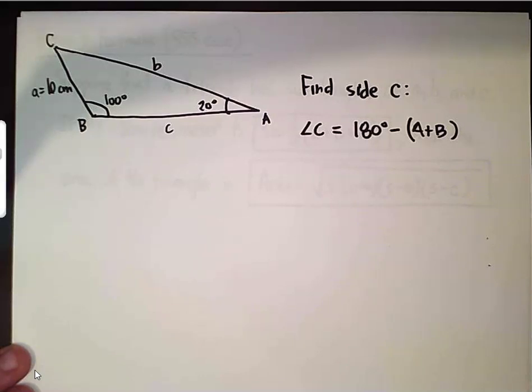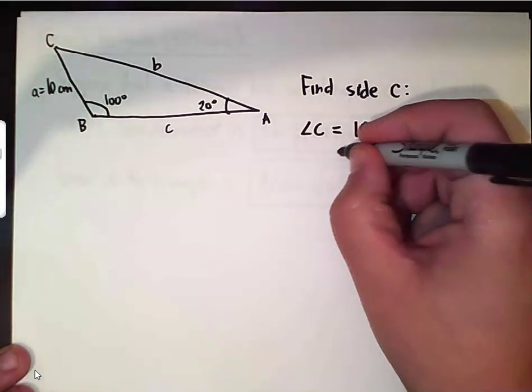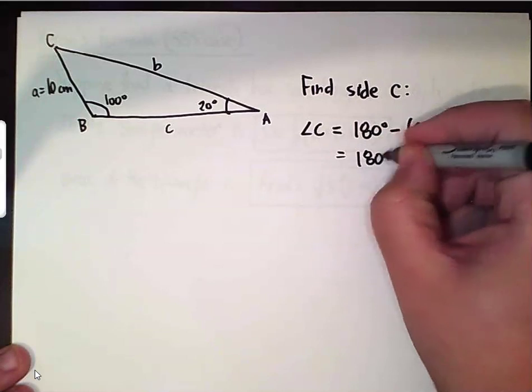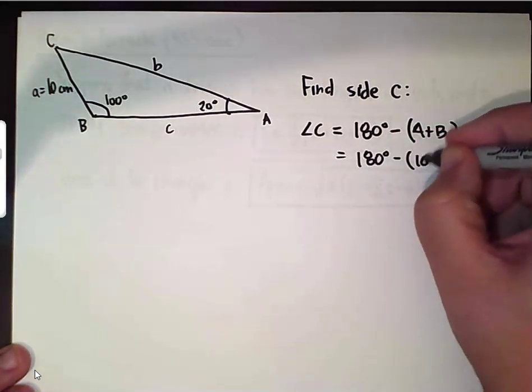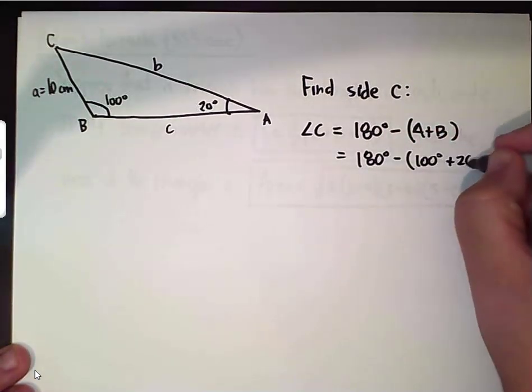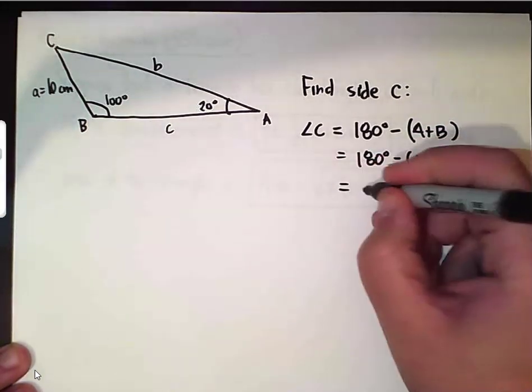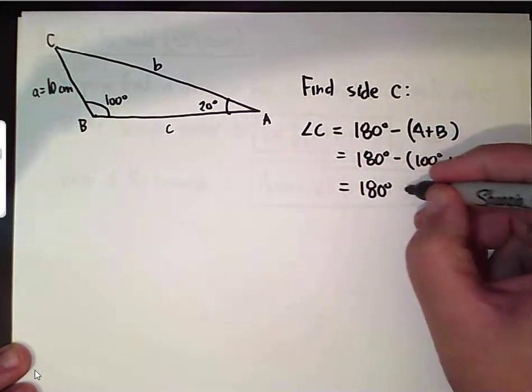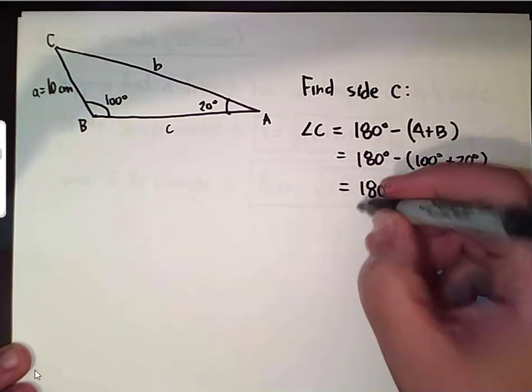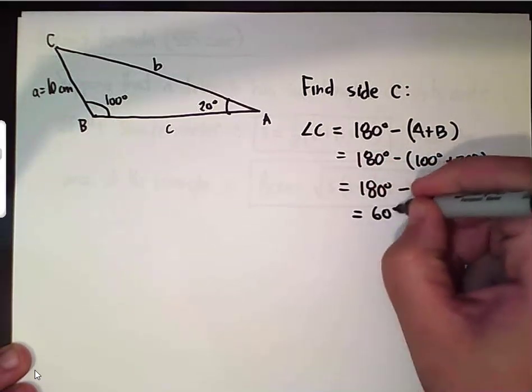A plus B is 100 plus 20, so angle C is 180 minus 120, which is a 60-degree angle.